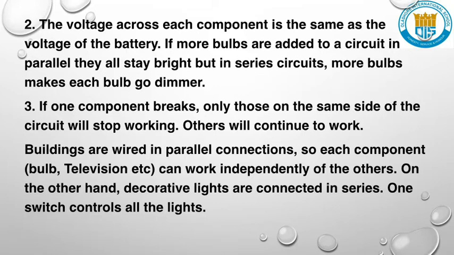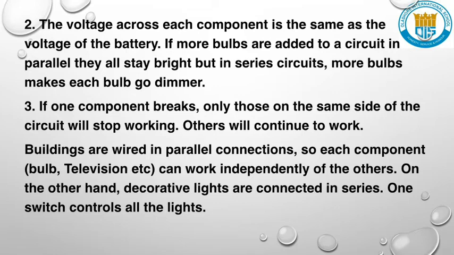That's the difference between the parallel circuit and the series circuit. In the series circuit, the voltage across all the components in a circuit is different. But in a parallel circuit, all the components in parallel have the same voltage. They don't share. Each of them grabs the full voltage. What this means then is that when you add more devices to a parallel connection, they will all stay bright.